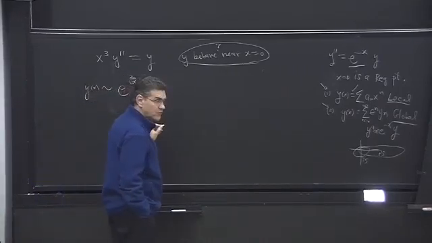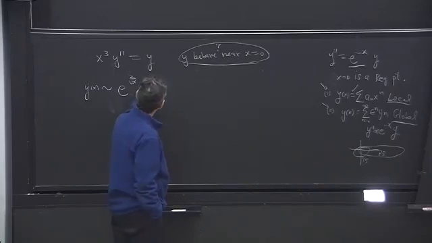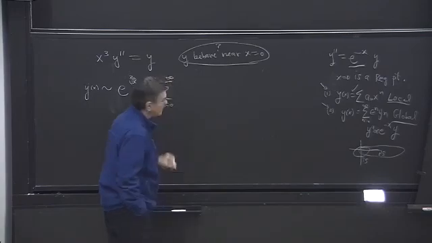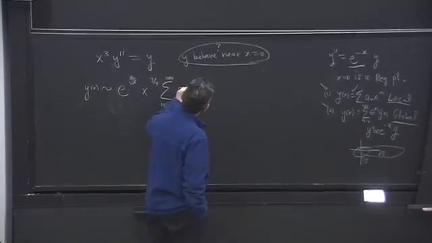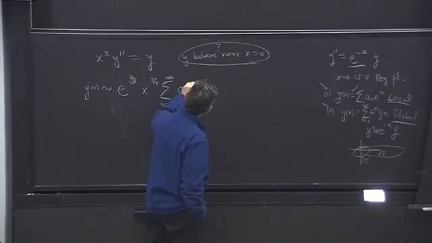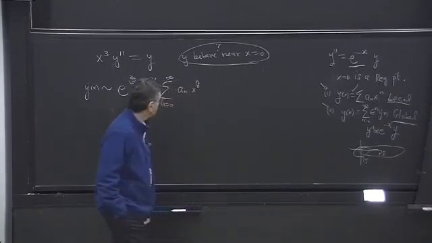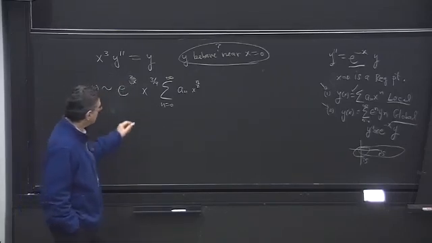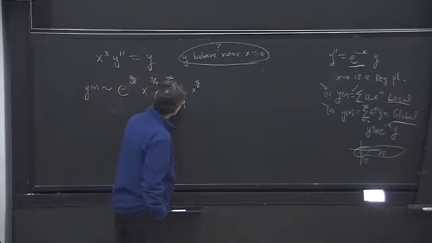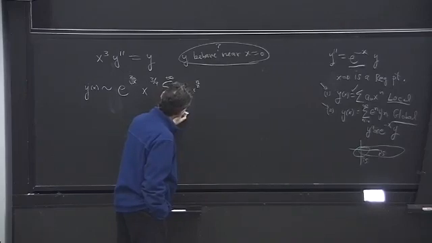And then there was an x to the 3/4, something like that. And then there's a sum from 0 to infinity of a sub n square root of x to the n. That was the form of the series. This series begins a0 is 1, a1 is minus 3/16, and so on.